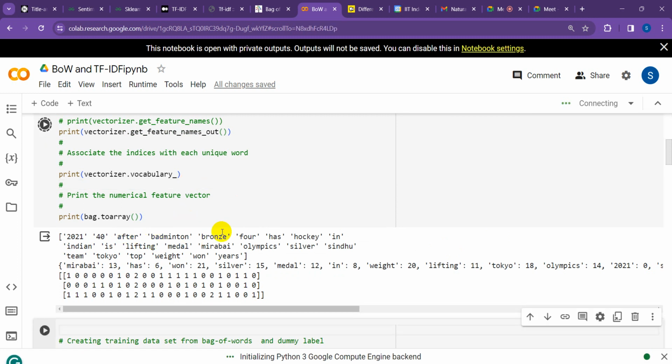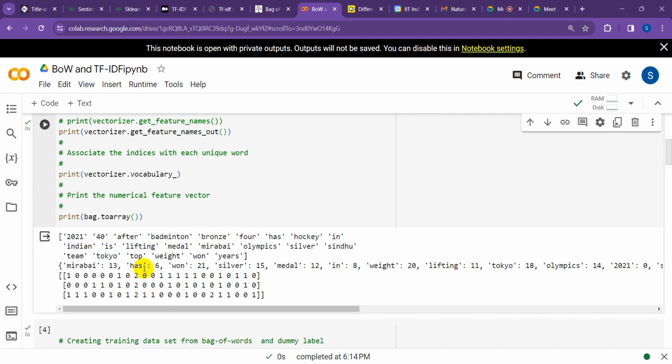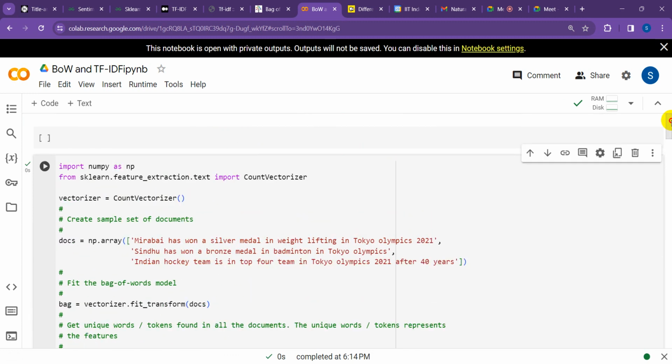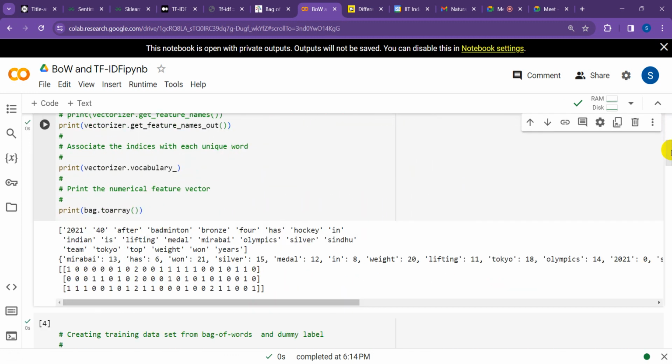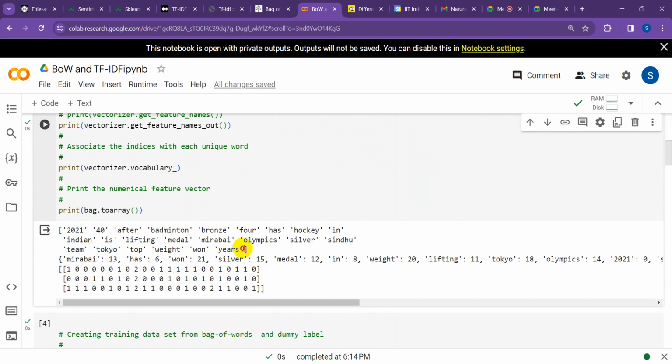So first of all, I am printing the unique vocabulary, how many unique words are there in my corpus. Okay, and then if you see here, it is assigning the vectors in this way, and this is your unique vocabulary.